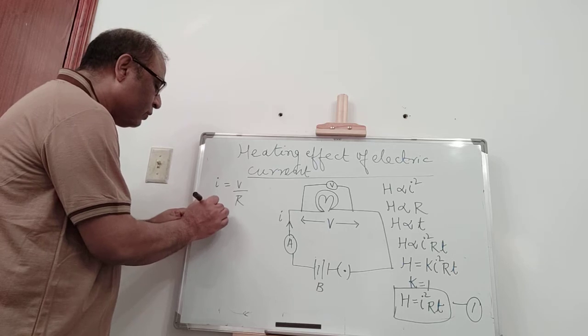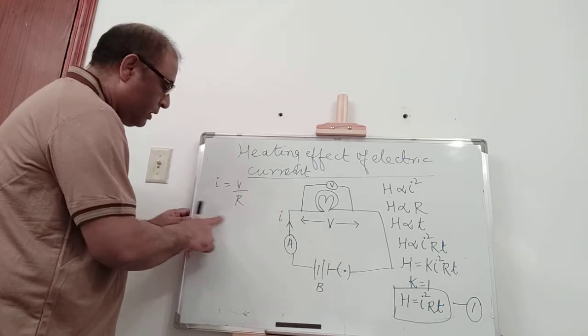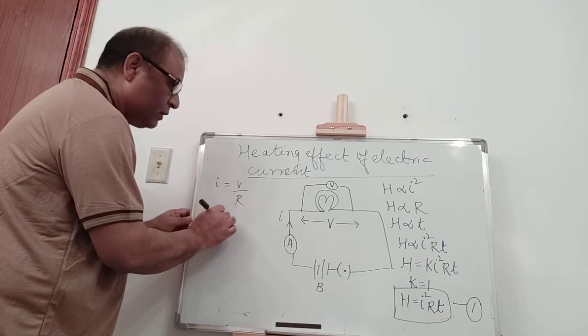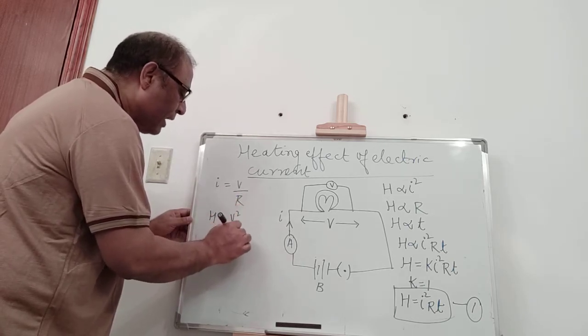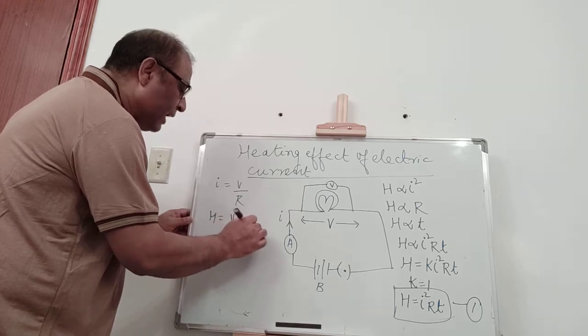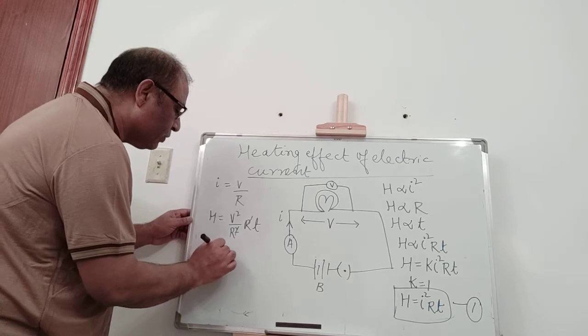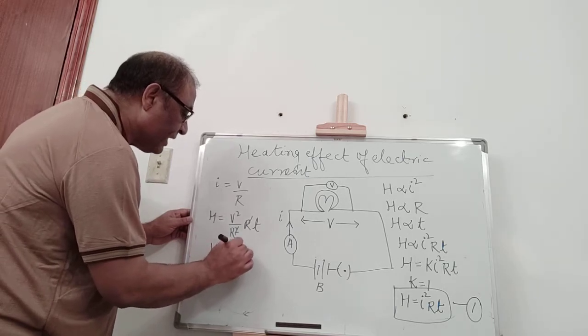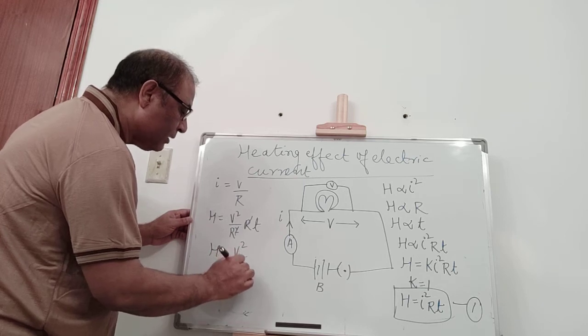Then H equal to I square means V square upon R square, times R and T. R just cancels out. Then finally H equal to V square upon R times T.